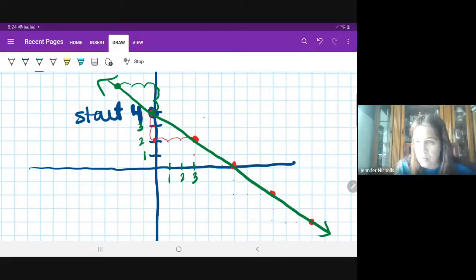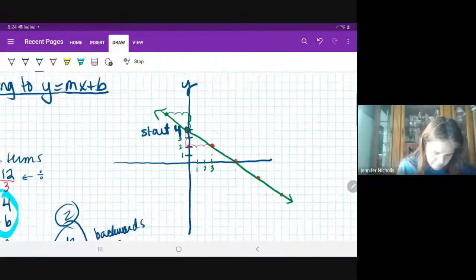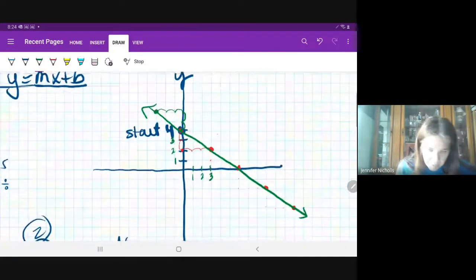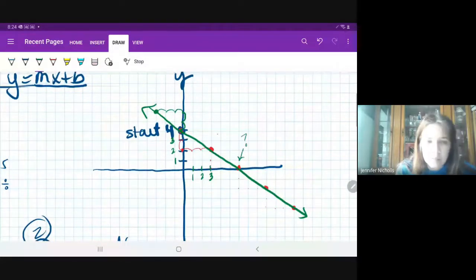Okay, questions? What do you think? Can anybody tell what this number is right there? What does that look like on your graph?